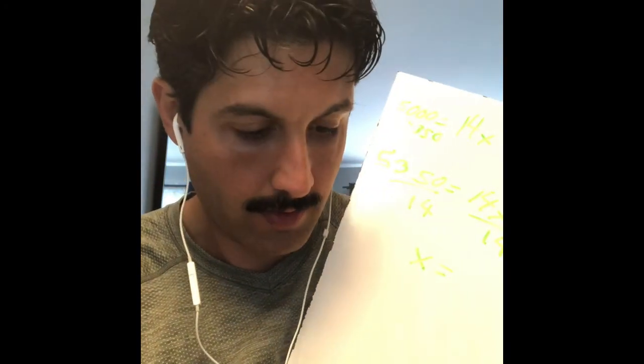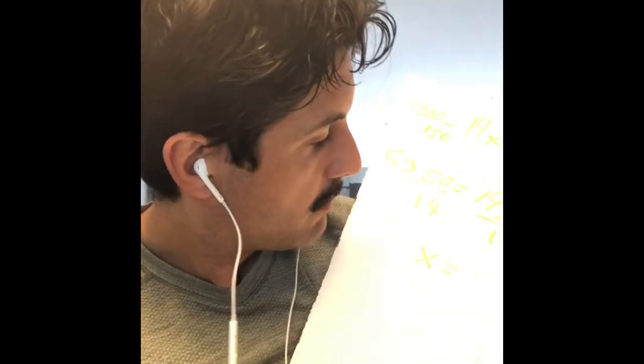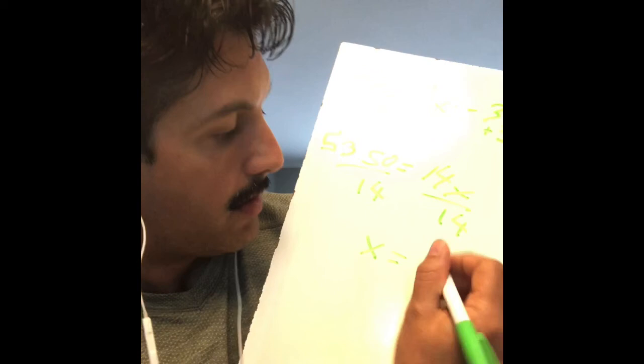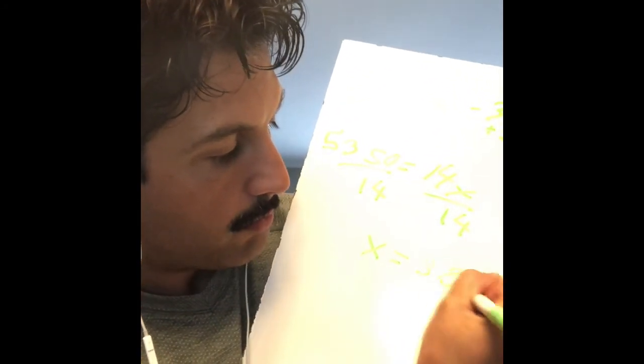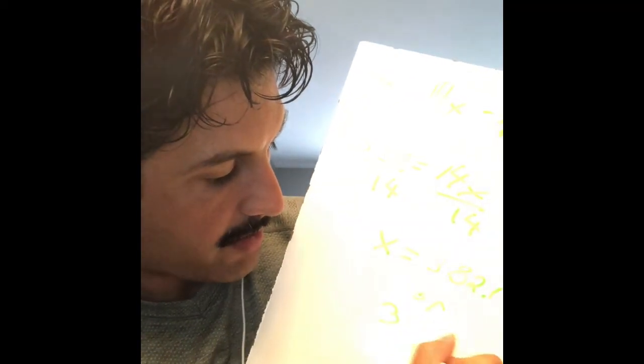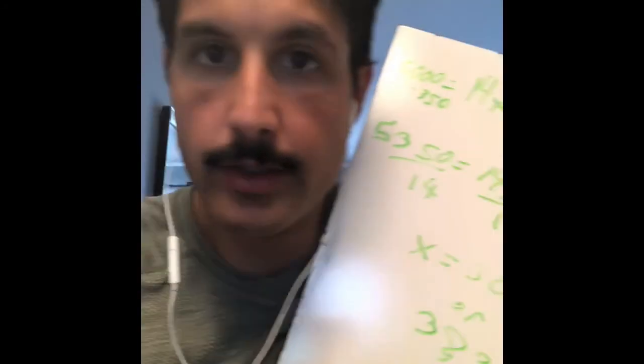X equals 382.14, so 383 toques. So there's your solution. 383 toques gets him above $5,000.